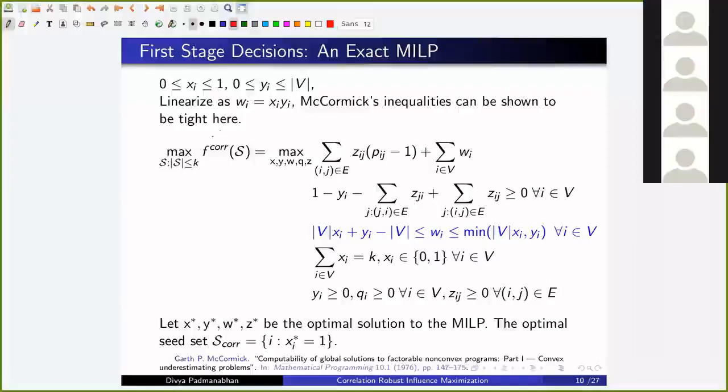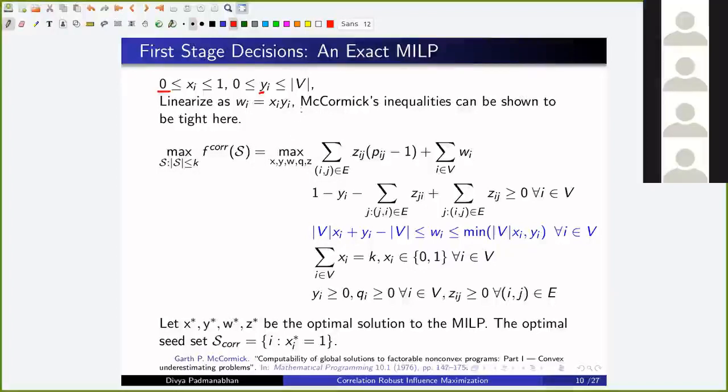And it turns out that you can compute upper and lower bounds for these x_i and y_i's. Of course x_i is 0-1, so a lower bound is 0 and an upper bound is 1. As far as y_i's are concerned, we can show from the constraints that it's bounded below by 0 and bounded above by the number of vertices.